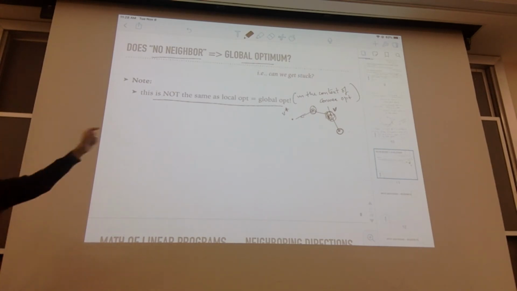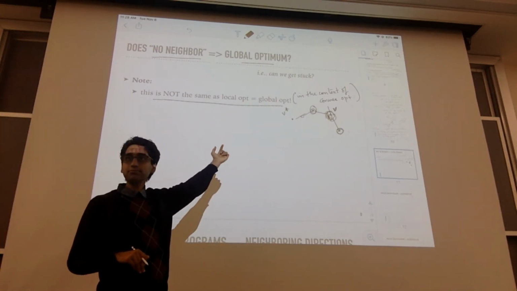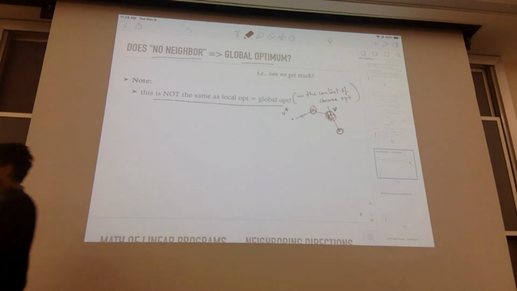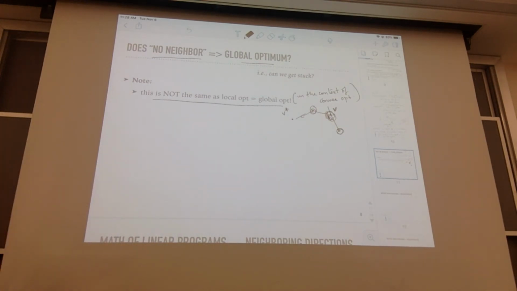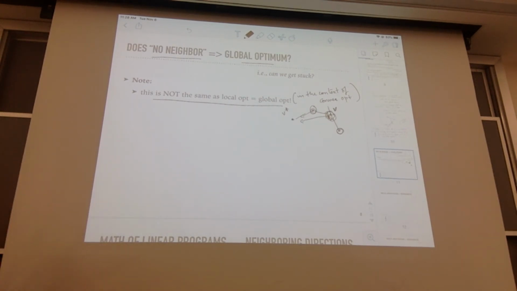In this picture, I have this V star, which is probably the true optimum, but I have V, and I'm trying to argue that if V star is a better point than V, then one of these two points is also a better point.